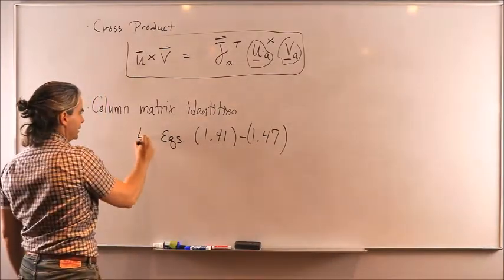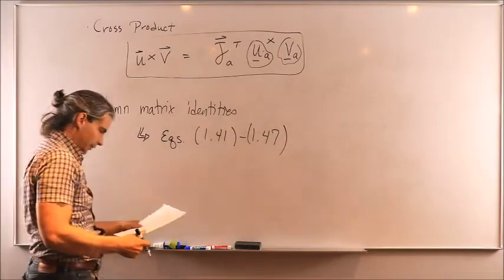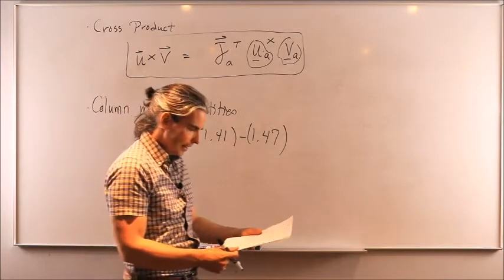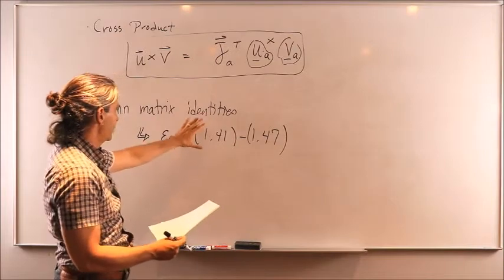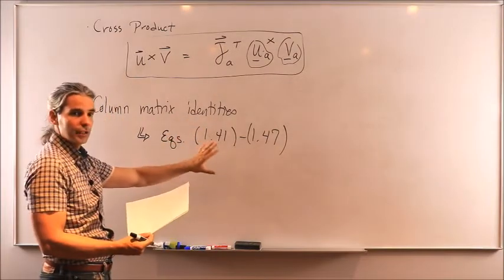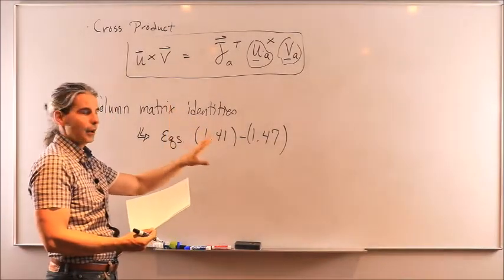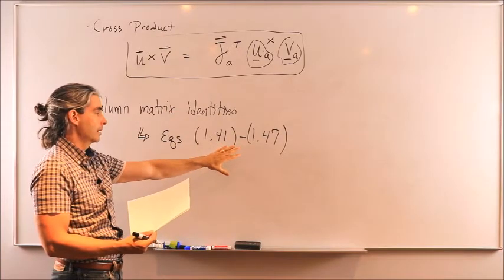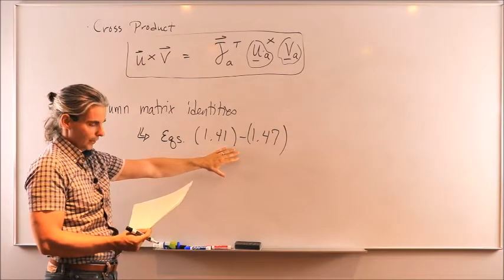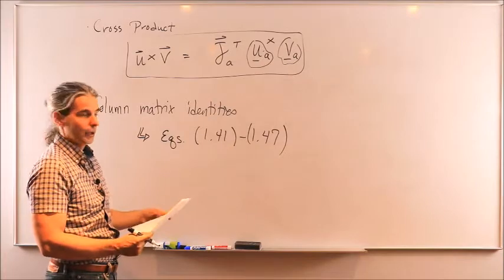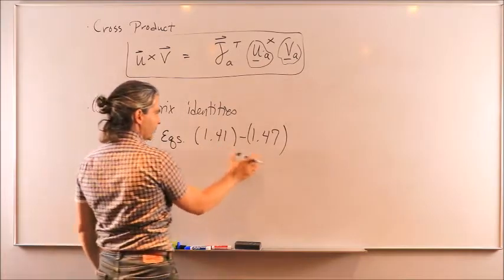I'm not going to list these particular identities because that would take me half an hour, literally. But just keep in mind that those identities exist in the lecture notes. They very well might become useful down the road.